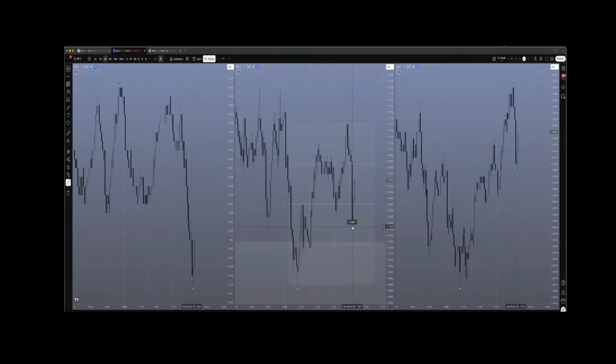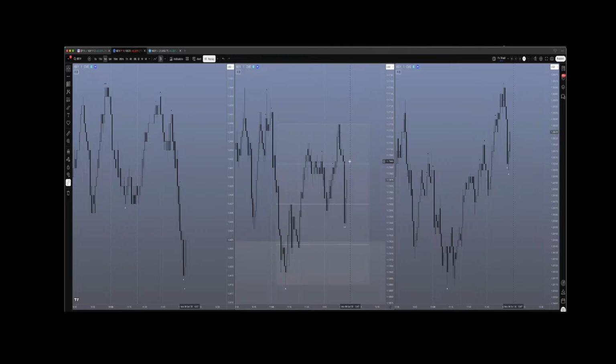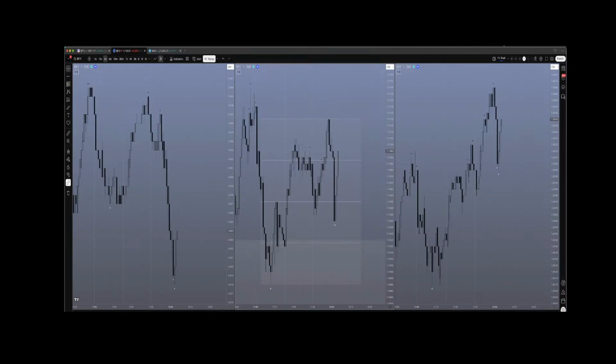So if we get an inversion here, that might be a trade for us. We started to invert that last fair value gap there. But even if we get that inversion, I need to see price pull back. So then I'll be looking at equilibrium of this.